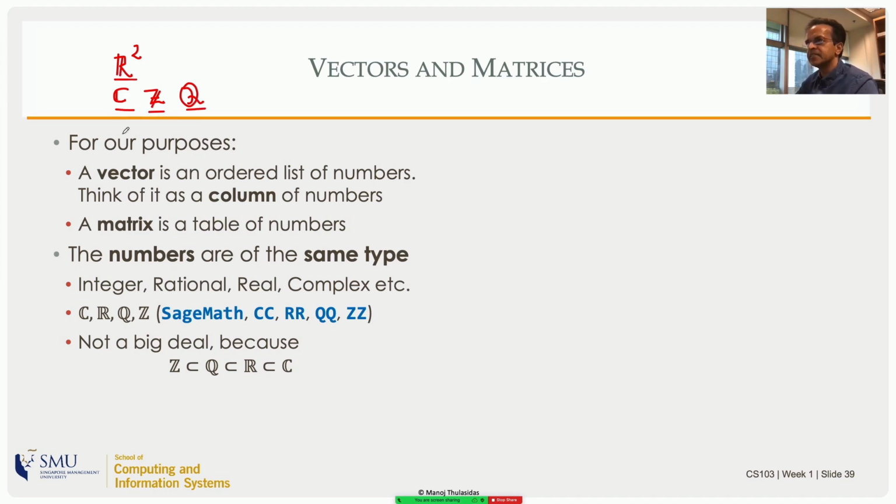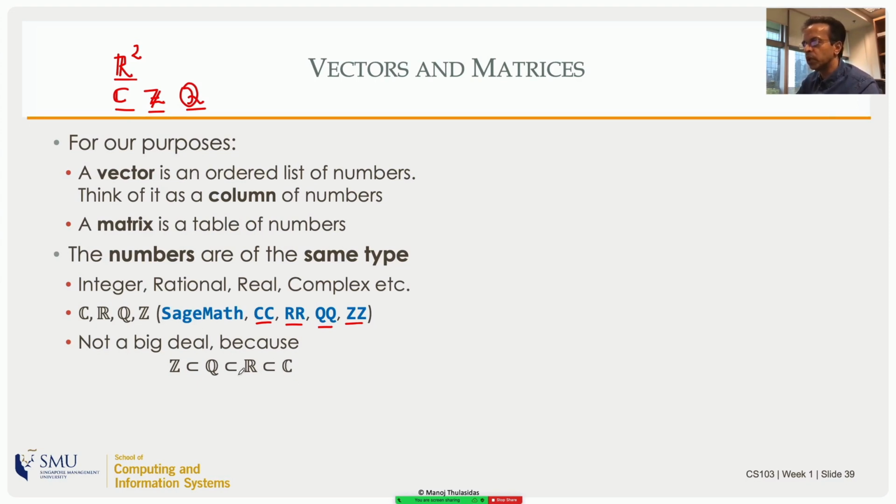In Sage Math, since these are double letters, Sage Math will call the field of complex numbers CC, the field of real numbers RR, the field of rationals QQ, the field of integers ZZ. This distinction is not such a big deal really, because as you know, integers are a subset of rationals, which are a subset of real numbers, which are a subset of complex numbers.